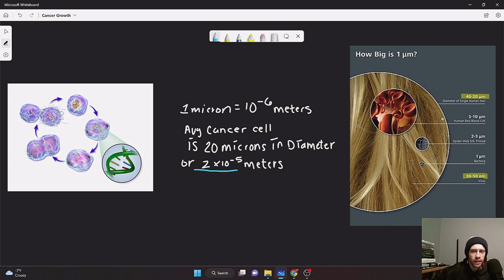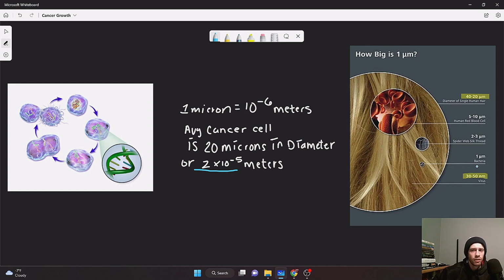And so this is actually larger than a red blood cell. It is larger than spider web silk thread. It's larger than bacteria, and it's much larger than a single virus.